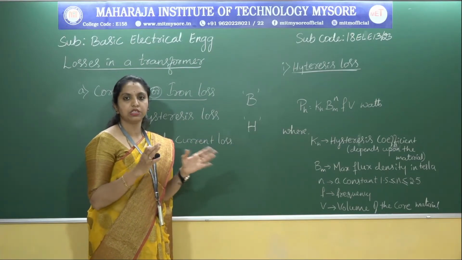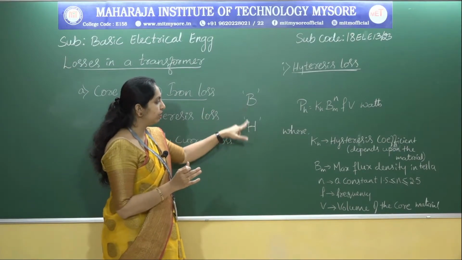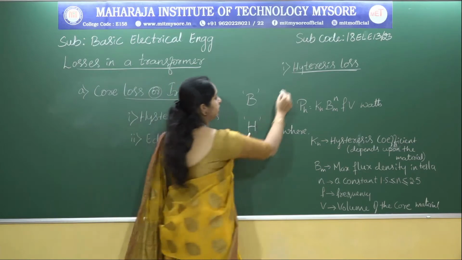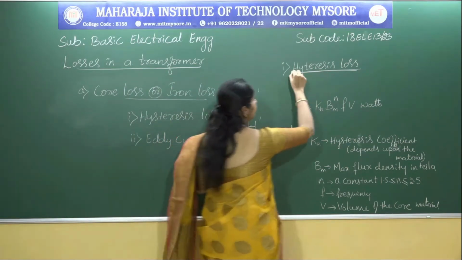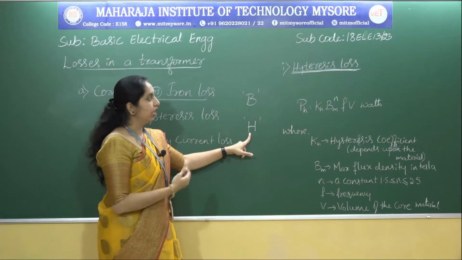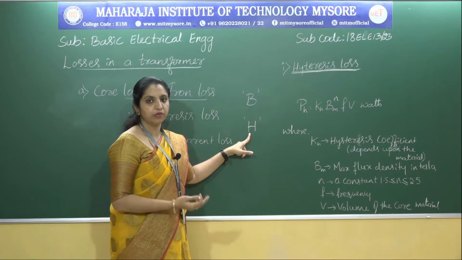In Greek, hysteresis means lags behind. Here B lags behind H, so that is why we call it hysteresis. Because of this, we find a loss in the core part of the transformer, and this is called hysteresis loss.